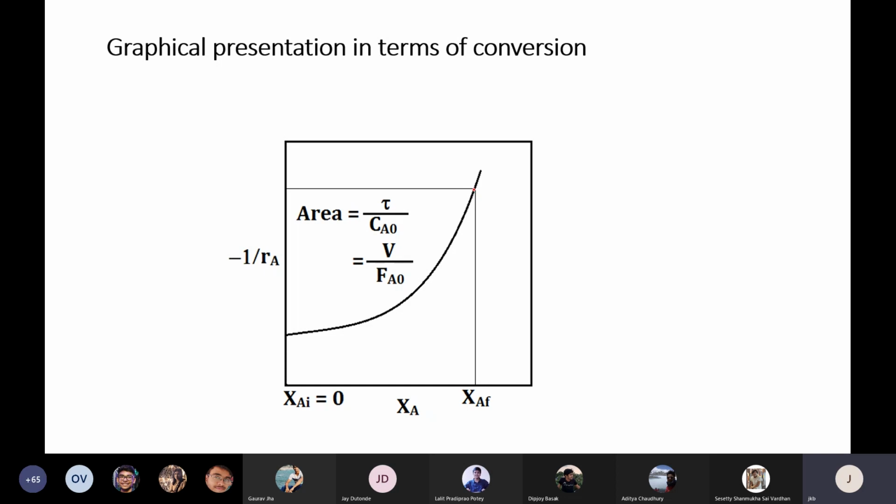In case of a CSTR, always after attaining steady state, whatever the conversion inside the CSTR will be the same as the outlet conversion. XA is the steady state conversion. And calculate the area. Area is tau by CA0 or V by FA0. If FA0 is known to you, you can calculate the size of the reactor.